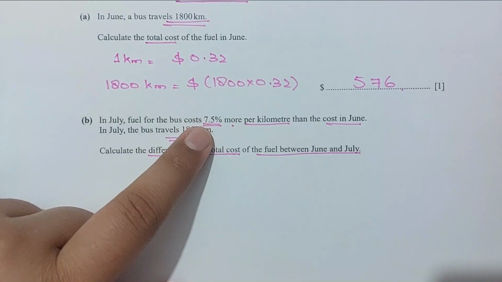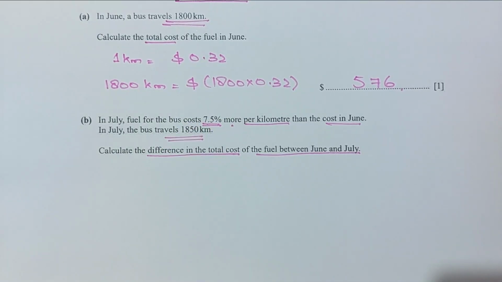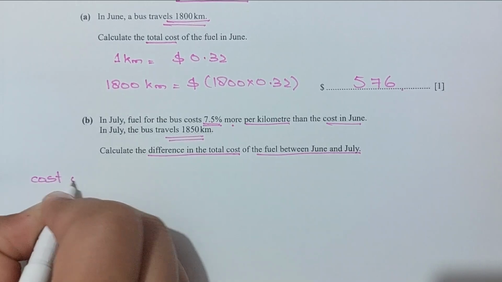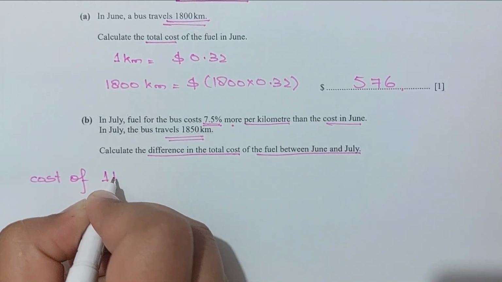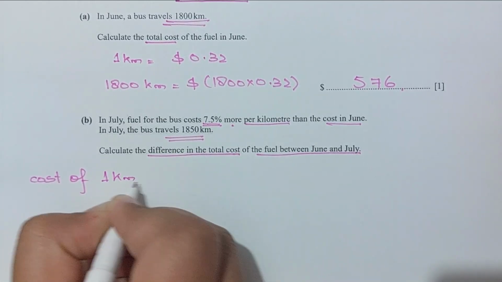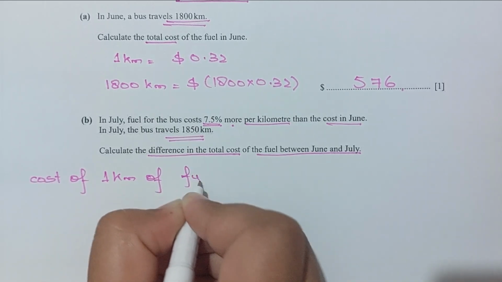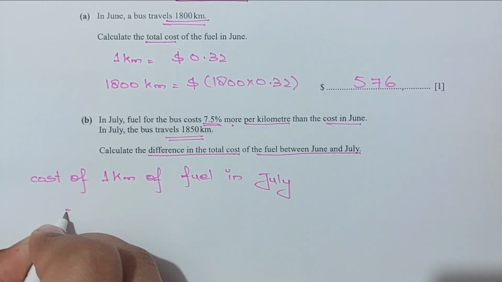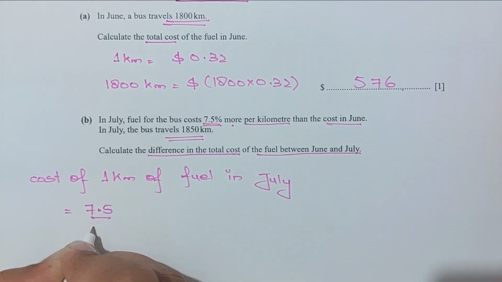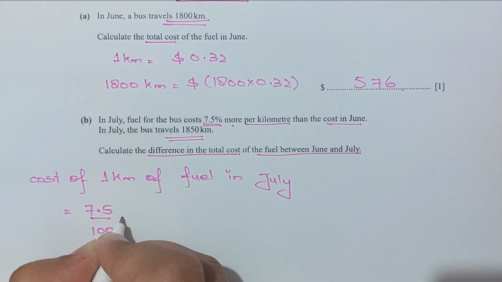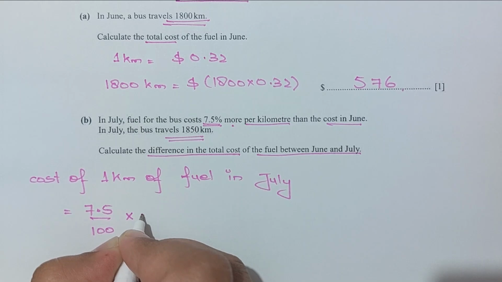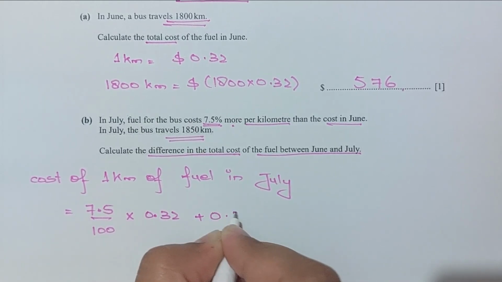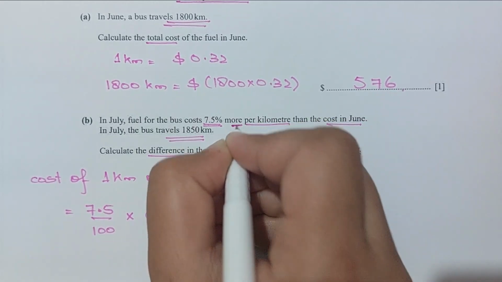The distance is given, so let's find out the cost of 1 kilometer of fuel in July. This is 75% more than the cost in June, which is 0.32, and this would be added to 0.32 because it is more.